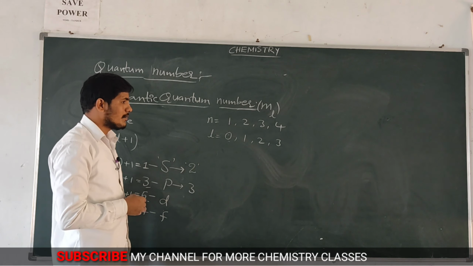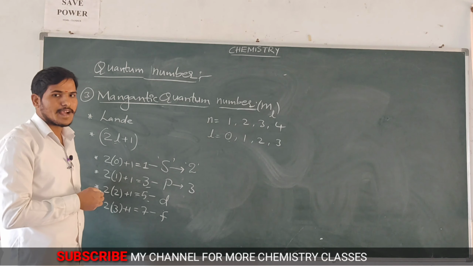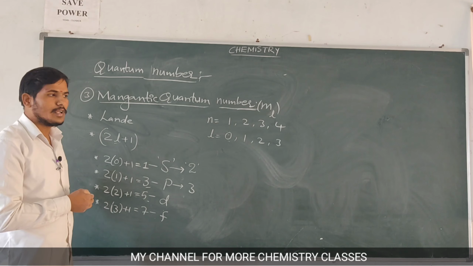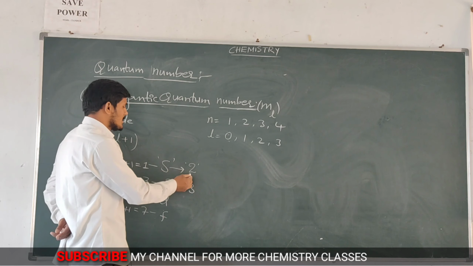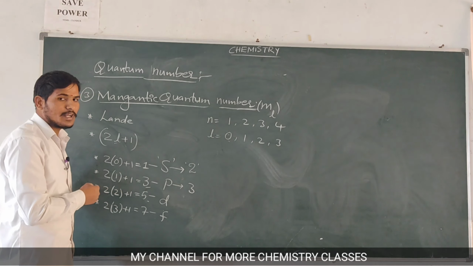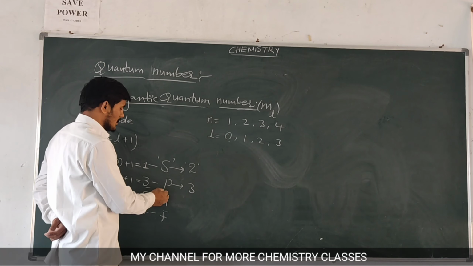Every orbital will give accommodation to a maximum of only 2 electrons. S has only one orbital, so that's why it gives a maximum of 2 electrons.